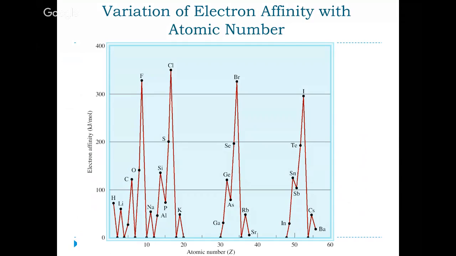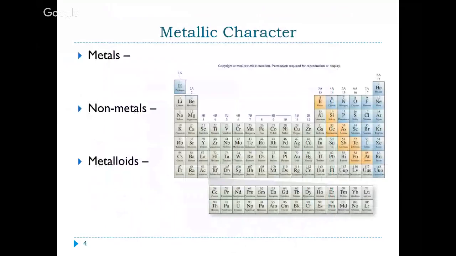But our general trend is that as you move from left to right across the periodic table, the electron affinity increases, so it becomes more negative. As you move down the periodic table, it is less. Our highest electron affinity is actually chlorine, so our halogens have our highest electron affinities. Our noble gases are positive, they do not want to accept electrons, and then the trend varies.